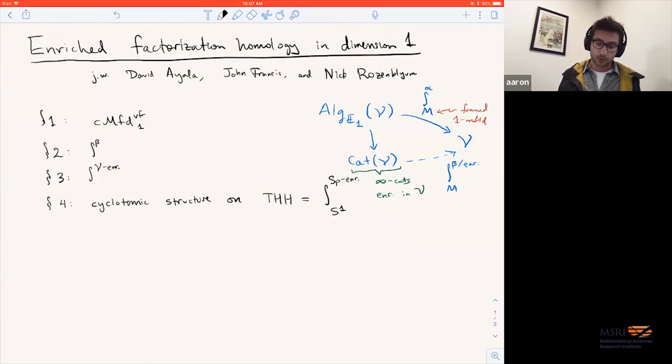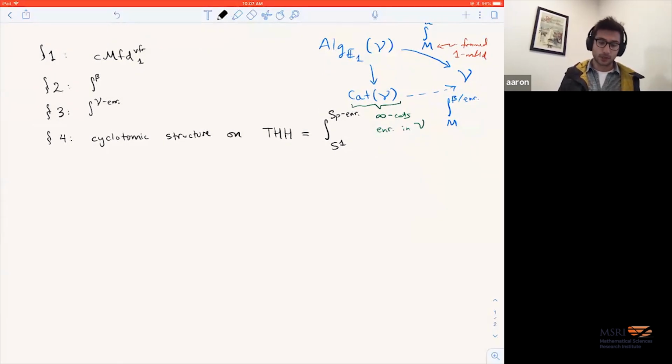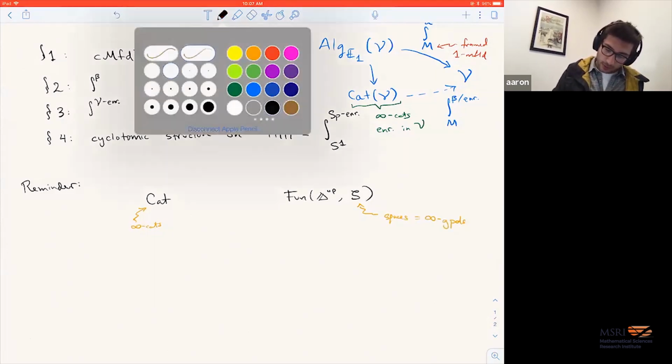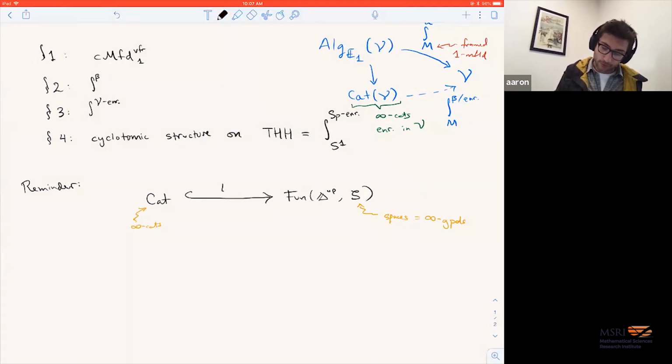I want to make one quick reminder before I jump into section one, which is that infinity categories, I'll just write Cat for that, can be embedded into simplicial spaces. By this, I mean infinity categories; by this, I mean spaces, aka infinity groupoids. And this embedding, I'll just refer to as the nerve functor.